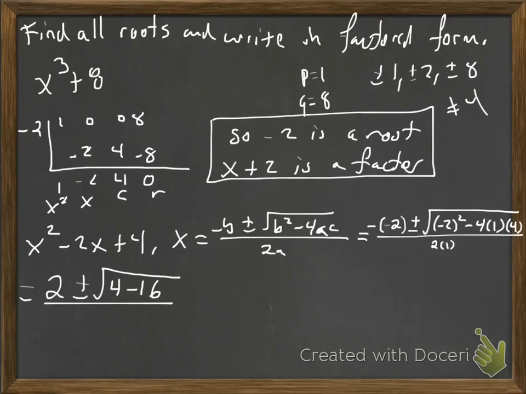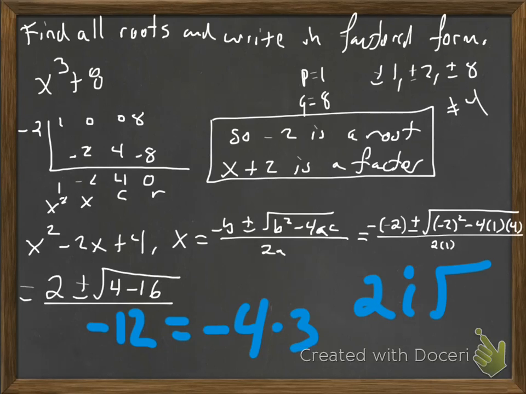So that would give us negative 12, which is negative 4 times 3, and then if we take the square root of that, that would give us an i. The square root of 4 is 2, and the square root of 3.